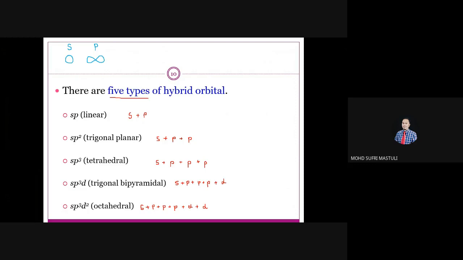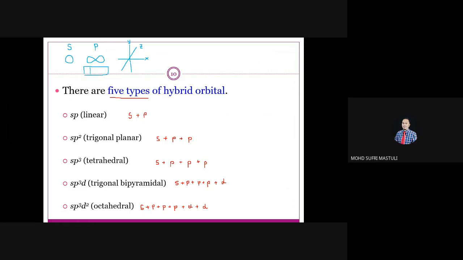So we have the orientation of px, we can have py, and also pz, because the total number of electrons for the p orbital is 6.